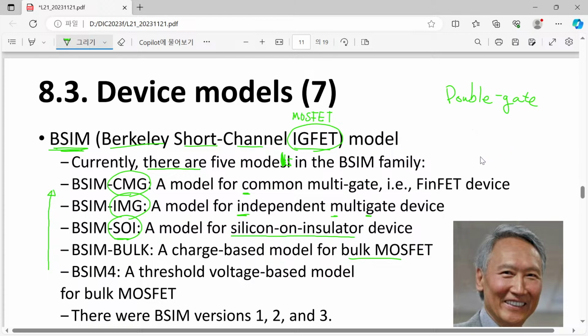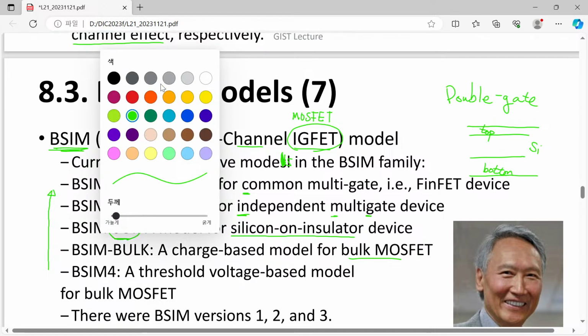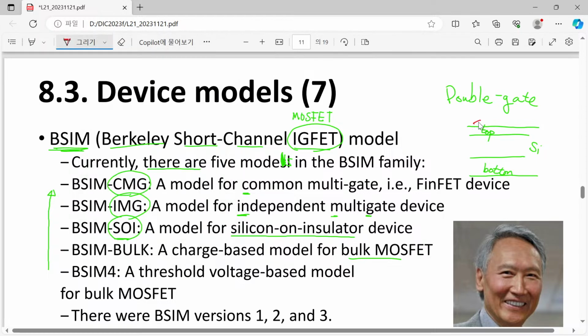Double gate means that here we have a silicon, and we can have a top oxide and a bottom oxide. The top oxide and bottom oxide are connected to the top gate and bottom gate.